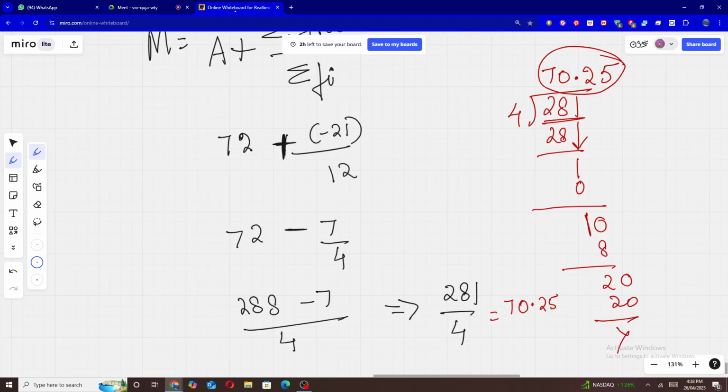Now will they ask you to do it by a specific method? Solve by the shortcut method. So you have to learn all the methods. We have to learn 5 formulas. Is it clear?